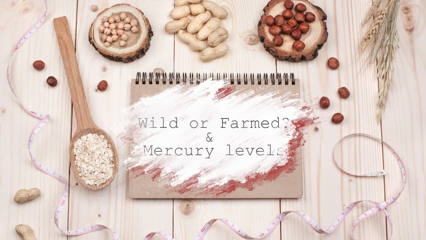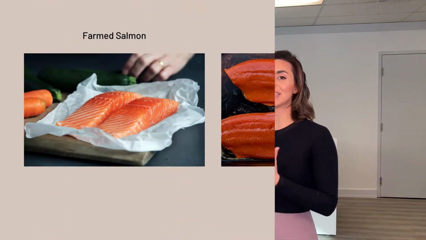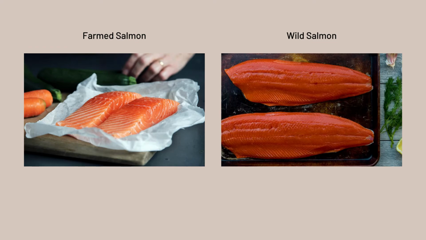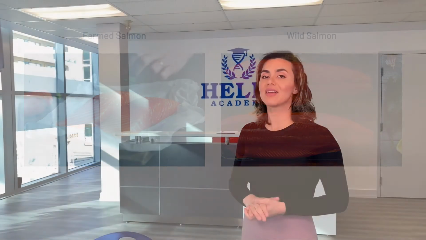But I wanted to mention one important thing when you're purchasing fish. When you're purchasing salmon, there's wild-caught salmon and there's farmed salmon. So I'm going to talk about which one is better. The farmed salmon has a little bit more fat, as you can see, and it includes 25% more omega-3s. But because they're farmed, they're contained in an area in the ocean or in a swimming pool.